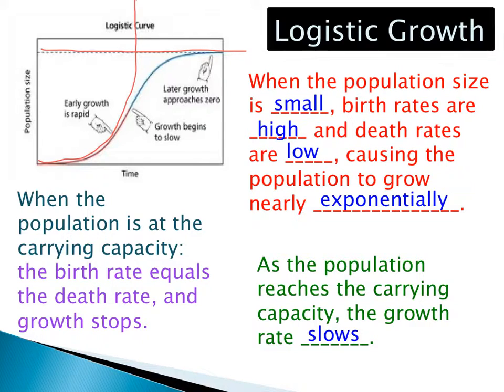And so when birth rate equals the death rate, the growth of the population reaches zero. It tends to stop. And so as the population reaches this carrying capacity, it tends to slow down. And like I said earlier, it tends to fluctuate above and below the line of the carrying capacity.